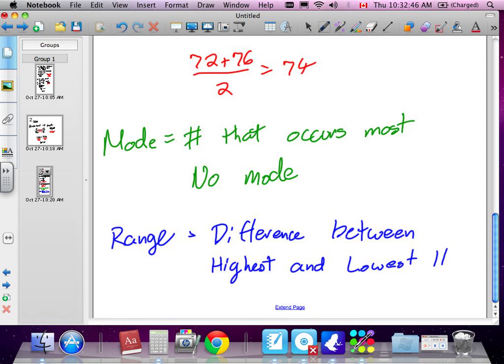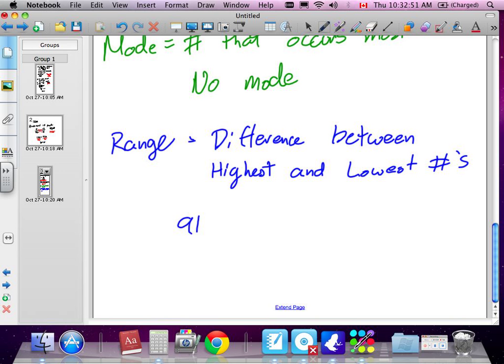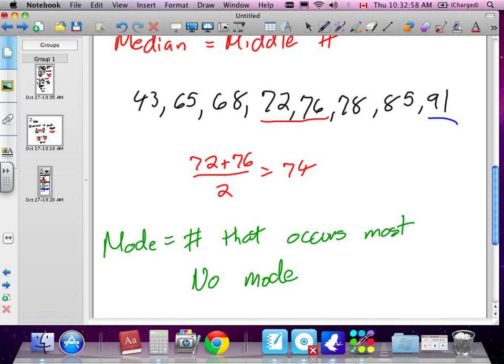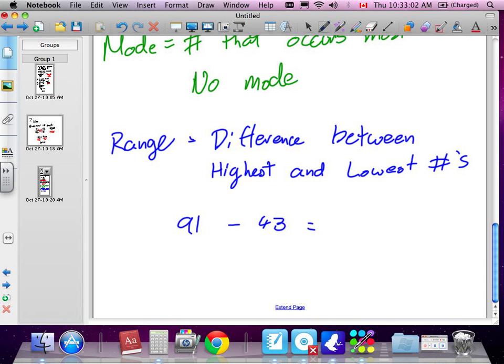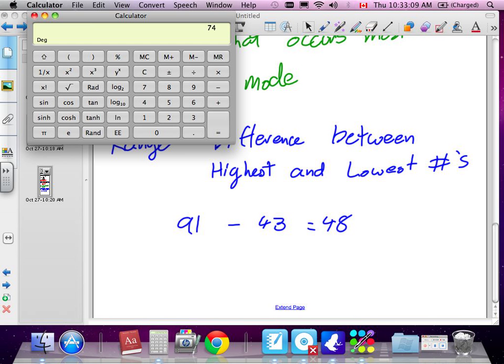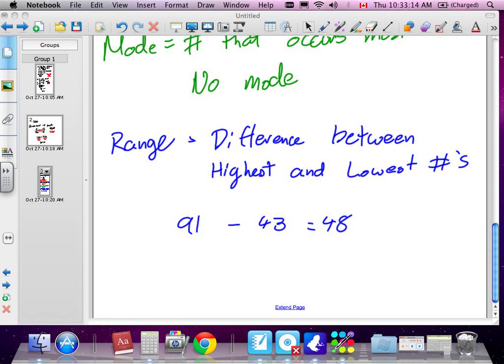So the highest number was 91. The lowest number was, I think it was 43. 91 and 43. Find the difference between the two. 48. Let's make sure. So our range in this instance is 48 numbers between the lowest and the highest number.